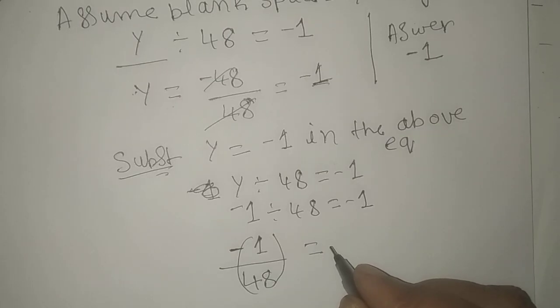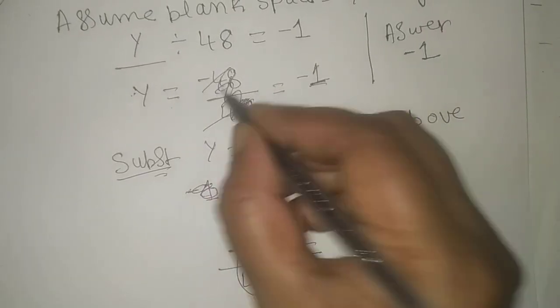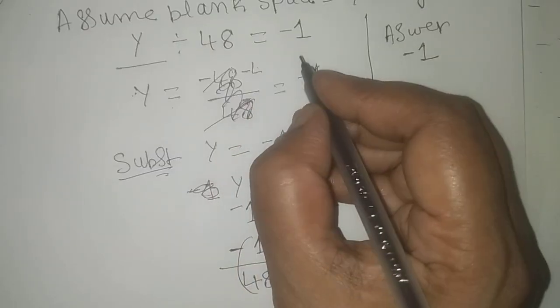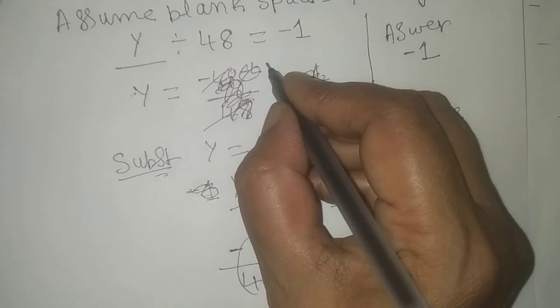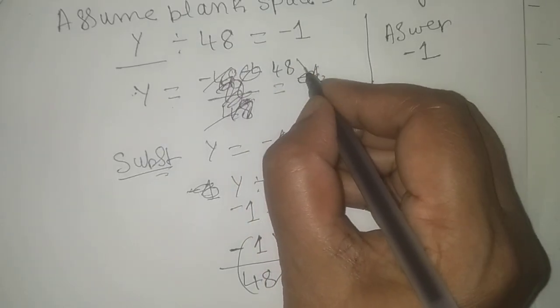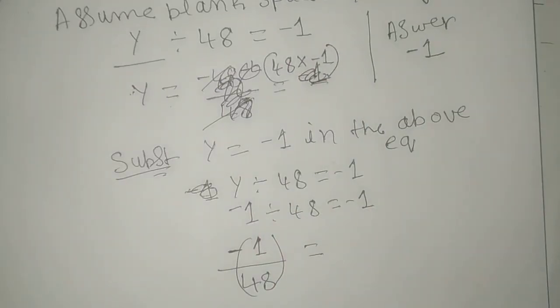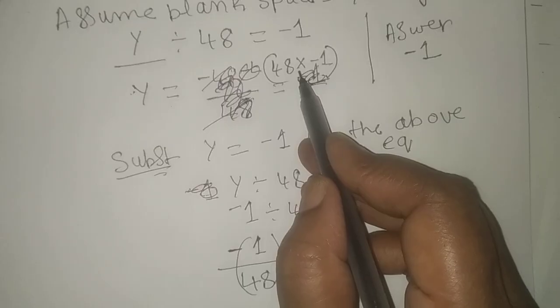So here I made a mistake again. So this is like this: minus 48 into 1, 48 into minus 1, not division, minus 1. Therefore we will get the answer as minus 48.